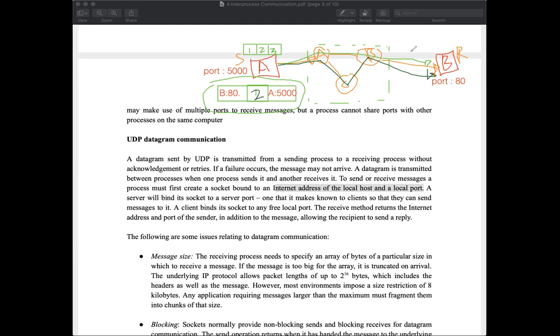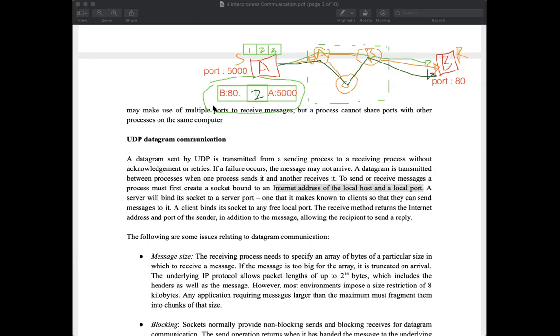So A, the sender, just sends a message, and from then onwards the UDP datagram finds the path and reaches the destination. It does not create a connection in advance between A and B, the sender and the receiver. That's the idea with UDP.